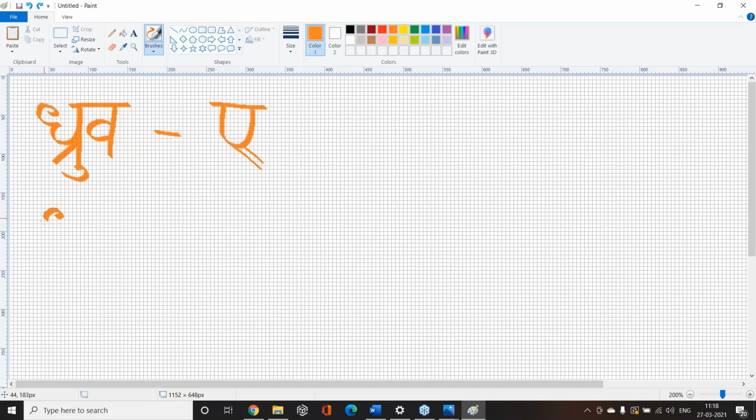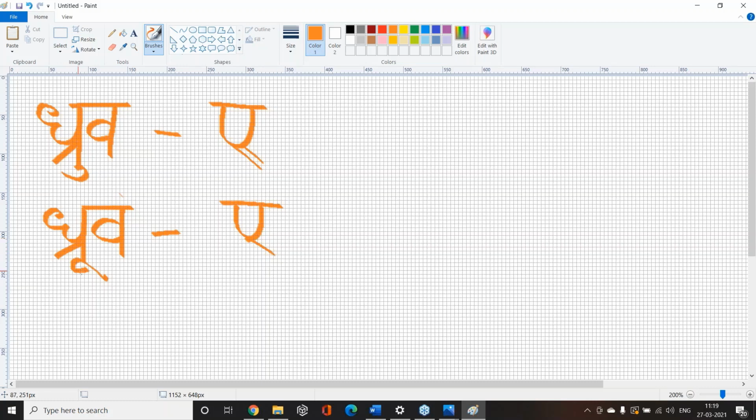Now, if I take the same letter and change the matra, Dhruv, if I make it the same letter, it will be written in a similar way. Then there is this, here you can see this slant line.